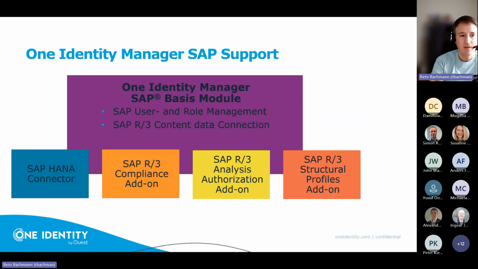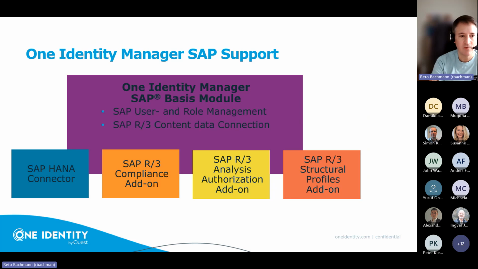From our side, we provide these different options. The first is the SAP user and role management. That's the basis module to connect to SAP. Also on the SAP side it's called the basis module. I think it's called BC in SAP, where you do the connection to the SAP system.